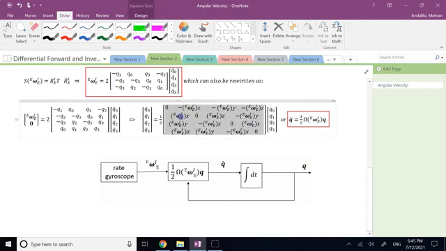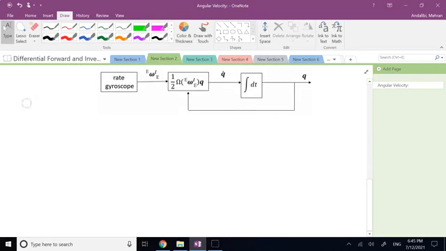This matrix can easily be determined by the measurement of the sensor. So the sensor gives you this cap omega. Q, you know at this moment, so you can find Q dot at this moment. And when you know Q dot at this moment, it means if you integrate them, you can get your next Q values. Correct?